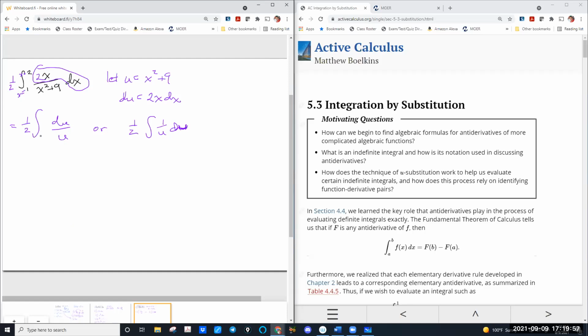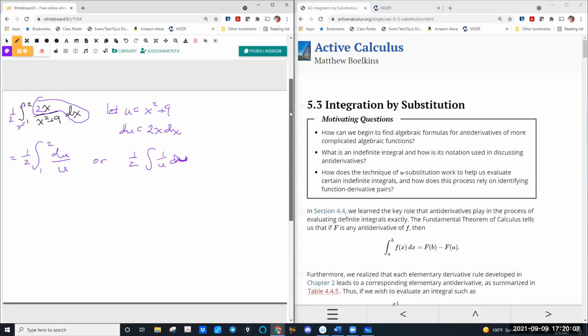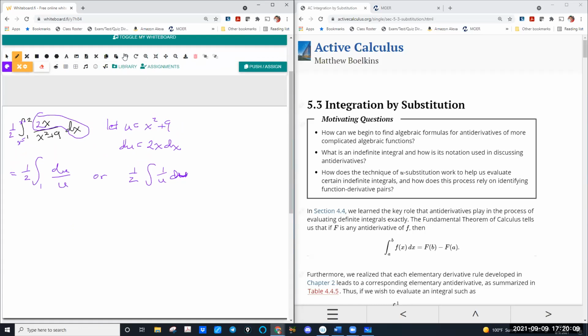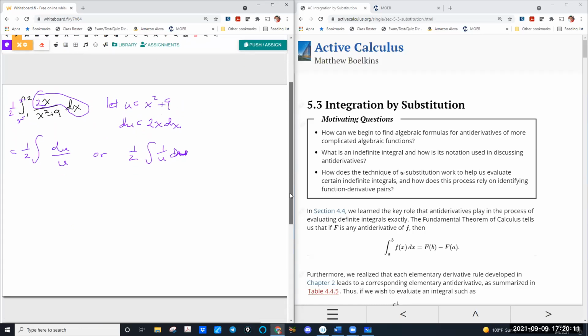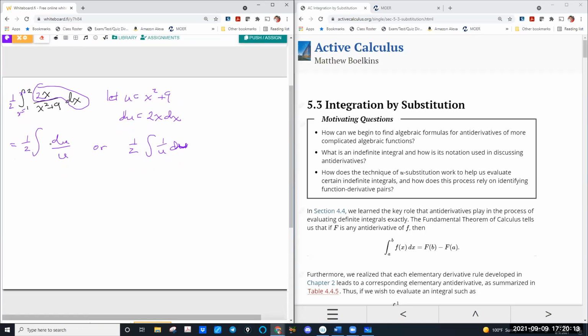So if I were to put 1 and 2 here, that's technically not correct because those are x values, but it should be u values. So what I like to do and what I like to recommend on definite integrals is changing the limits. Is it necessary? Absolutely not. And I'll talk about the alternative in a second.